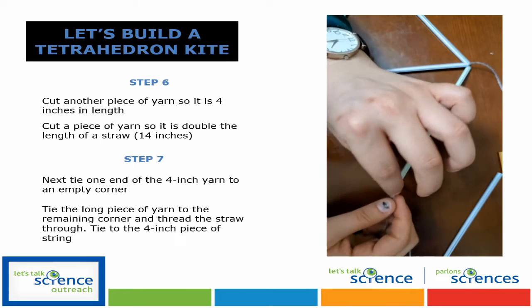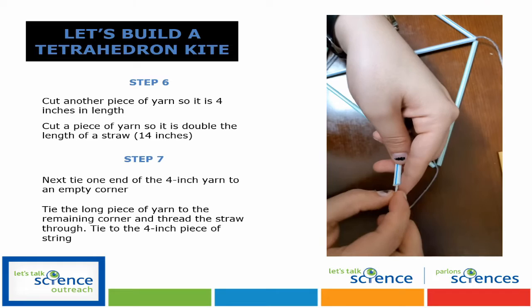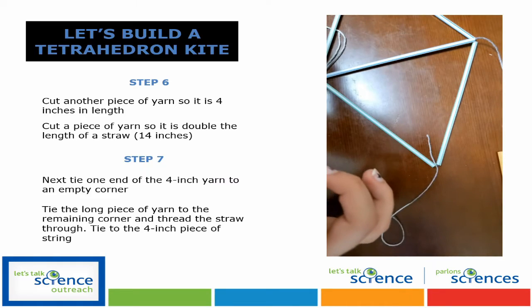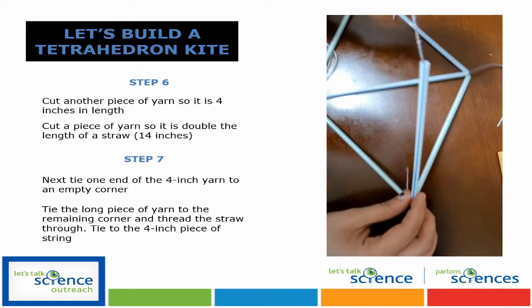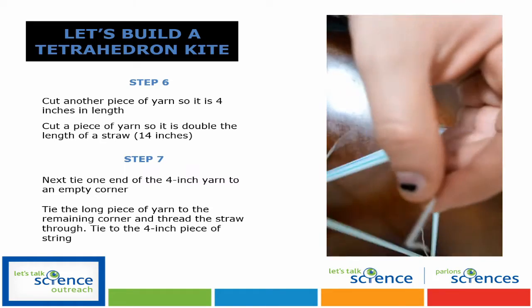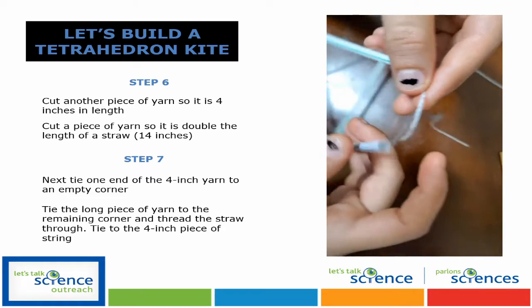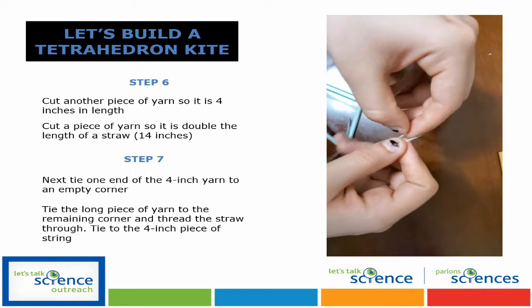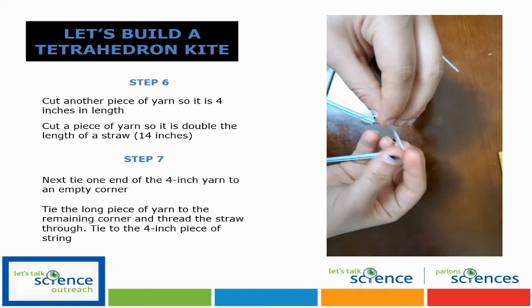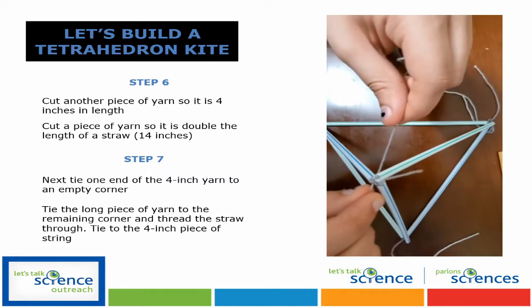And once we have a nice tight knot, we are going to thread the long piece of yarn through our last straw. We are going to bend in order to make our 3-dimensional pyramid or tetrahedron shape, and then tie the long and short strings together.